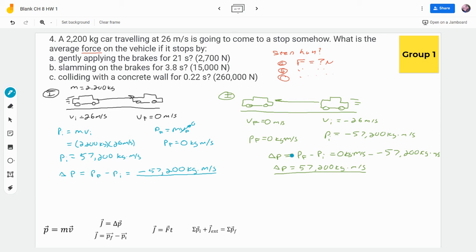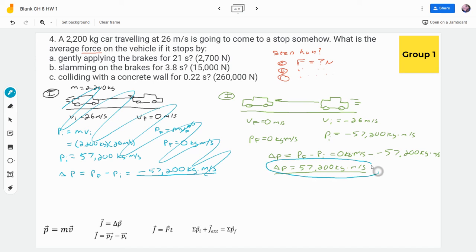So now we know what delta P is. If we know delta P and we're trying to figure out F, and we know the time, how can we do that? Well, we know that J is equal to delta P, and they have hats.